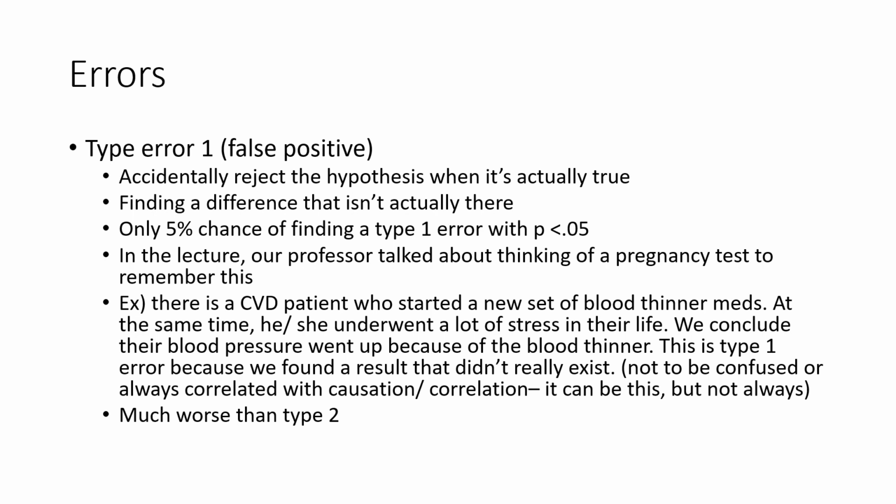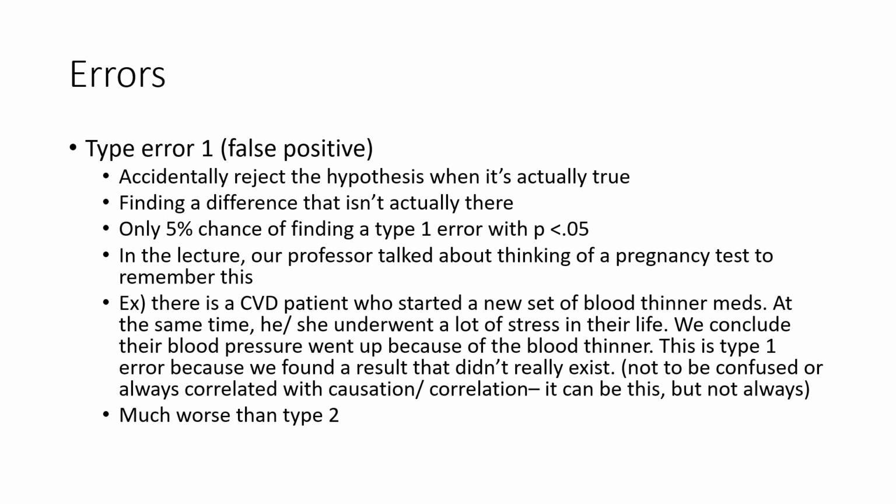In reality, when you have stress, your blood pressure goes up. So this is a type 1 error because we found a result that didn't really exist, because blood thinners should not be making your blood pressure go up. This isn't to be confused with correlation not equaling causation, because it can be that, but it isn't, so don't get that in your head.